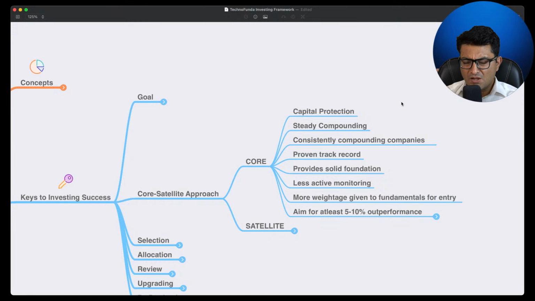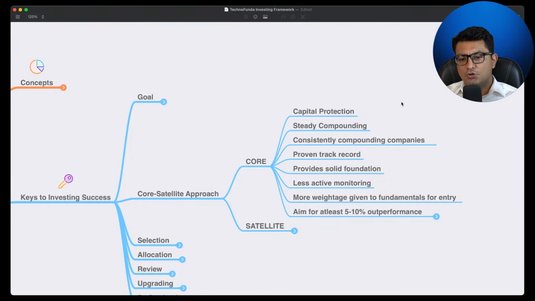Now, most of the time the PE re-rating for a known company, which is already known as a compounding company, is limited. Over a long period of time, the earnings growth engine will create wealth for this particular segment of companies. And that is where the aim for this particular portfolio is to find compounders for a long period of time.